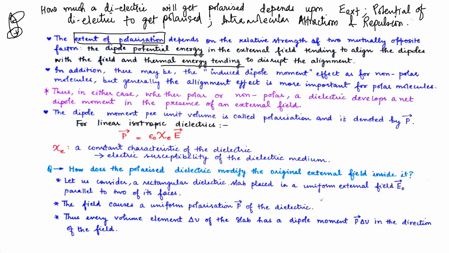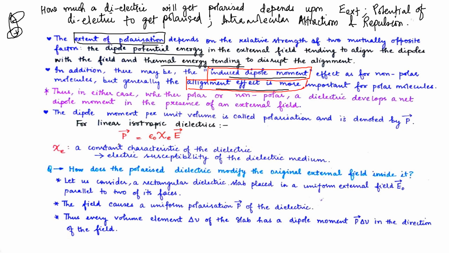In addition, there may be the induced dipole moment effect for a non-polar molecule, but generally the alignment effect is more important for a polar molecule. So this is again an important statement. For non-polar, it is the induced dipole moment. What we are doing with the external electric field is inducing the dipole moment, but with respect to a polar molecule, alignment of these molecules is important.